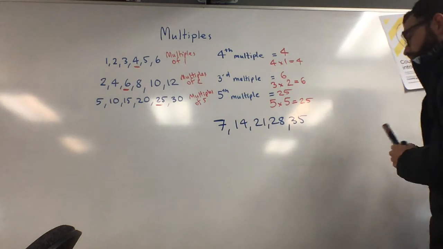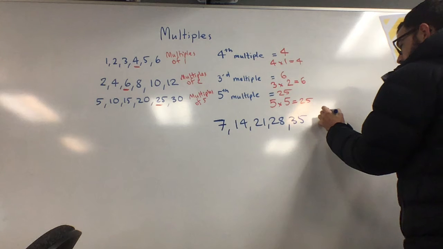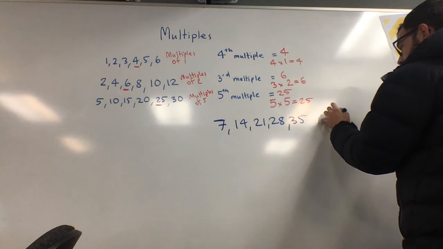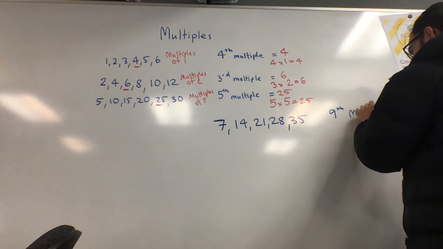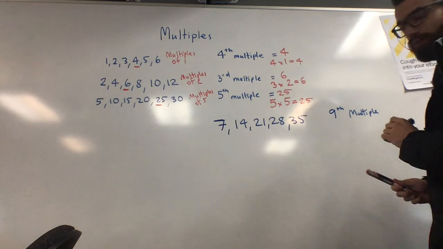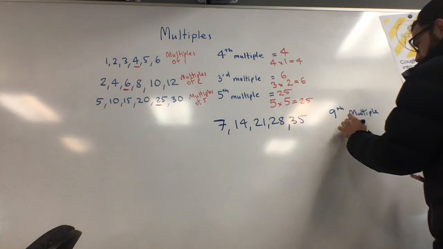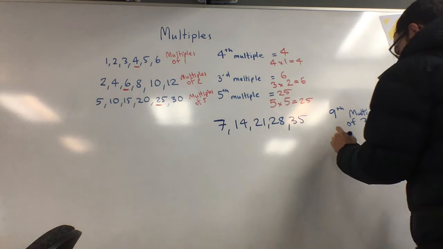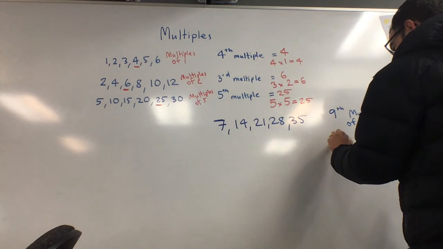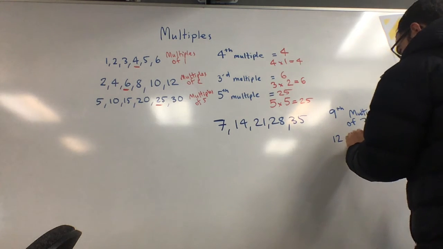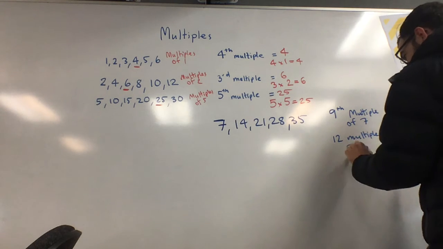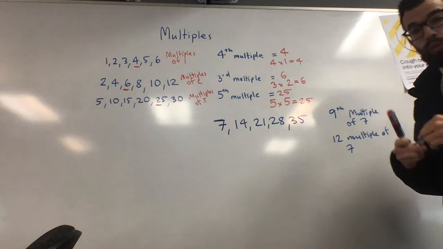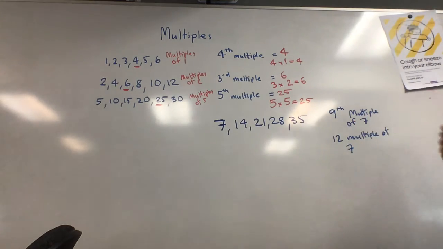Now we get given a question and they are looking for the 9th multiple. Okay, they're looking for the 9th multiple of 7. And they're also looking for the 12th multiple of 7.